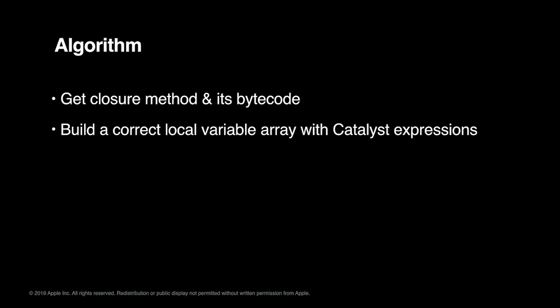Once we know everything about what we want to call, we need to build the correct local variable array. And that array has to reference equivalent Catalyst expressions that we will operate on. This is probably the trickiest bit that you need to accomplish, because here you have to convert your deserializer, which will define your input.